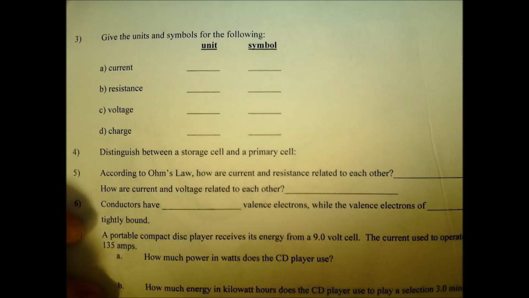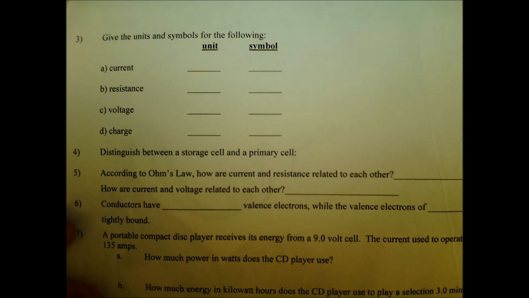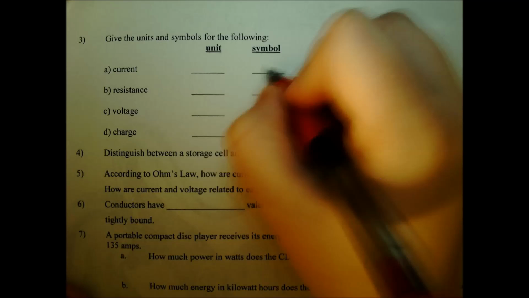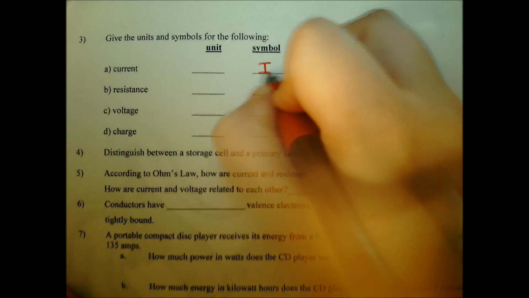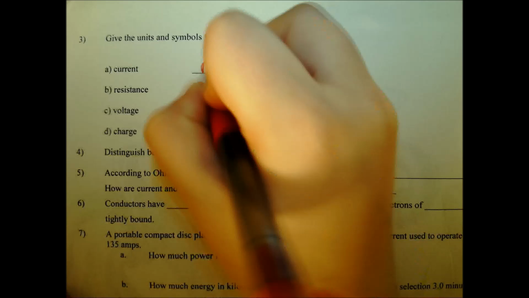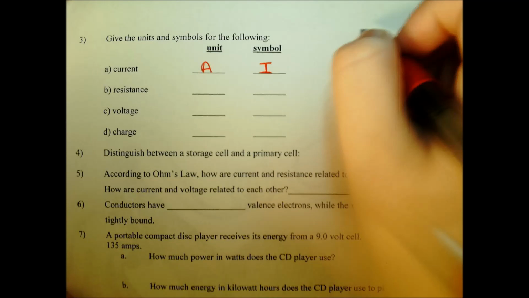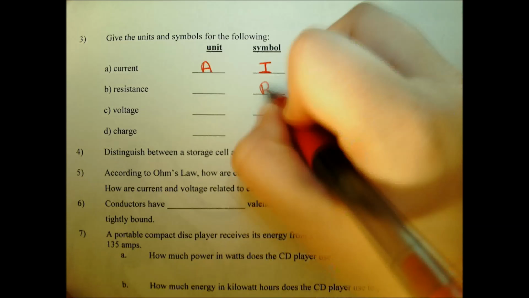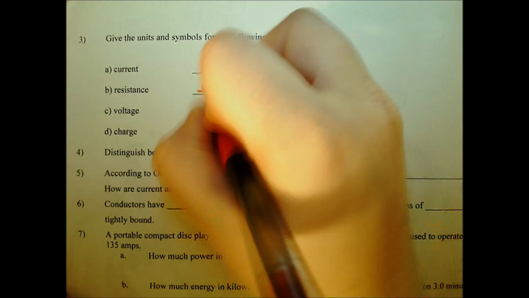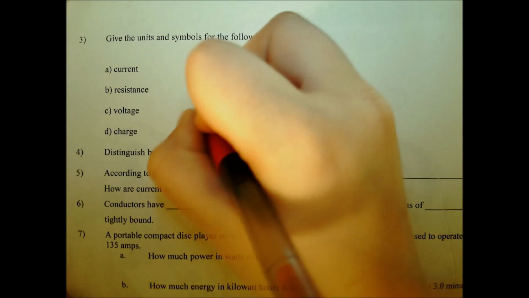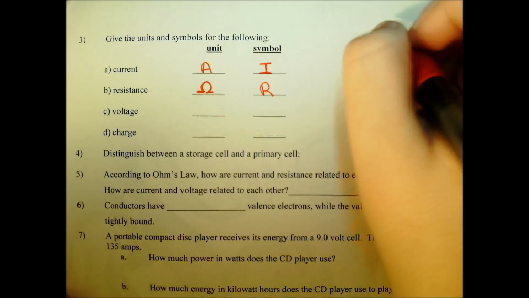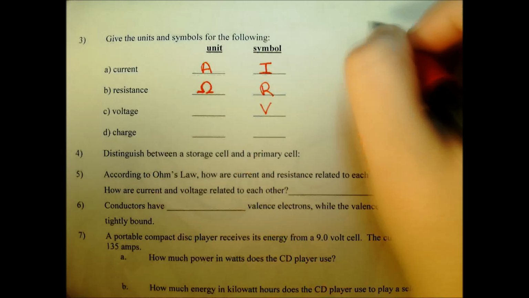Alright, next we have this chart for units and symbols. Current, we use an uppercase I for current, and it's measured in amps. Resistance, we use an uppercase R, and it's measured in ohms, which is given by the Greek letter omega. Voltage is easy.